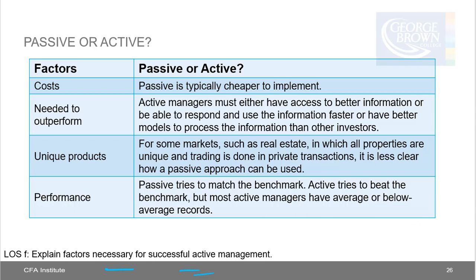Factors needed. Active management is a challenging task, but there are managers who have impressive long-term records of success. For active managers to be consistently successful, they have to be better than the other investors at assessing the potential of investments. For active managers to identify outperforming securities on a consistent basis, they must either have access to better information than other investors, or be able to respond and use the same information faster or with better models to process the information.